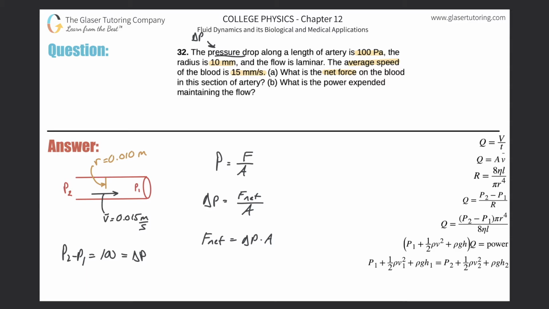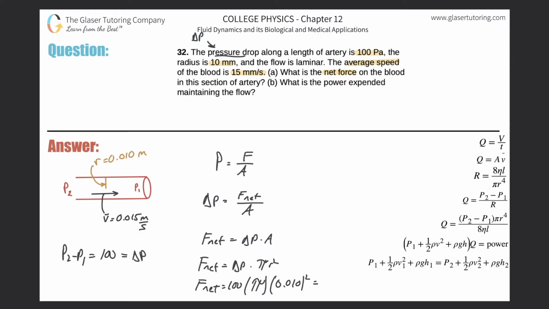Because the cross-sectional area of a cylinder is a circle. So we know that the net force will be equal to this change in pressure multiplied by pi r squared. And we know all the values now, so let's just plug it in. This is 100 multiplied by pi times r squared. Remember, it has to be in meters. I already converted that, so all we need to do is plug it in.